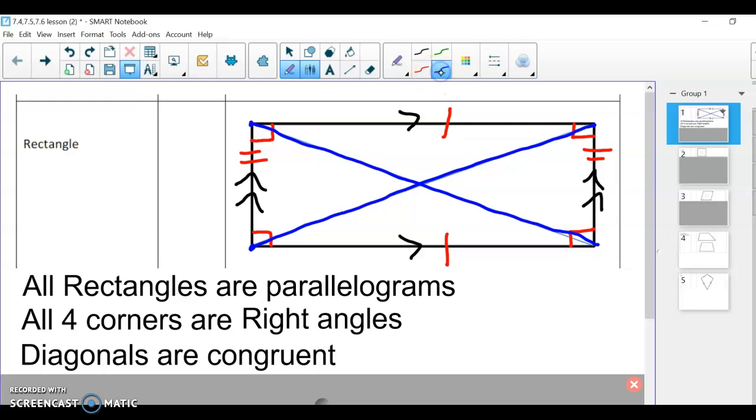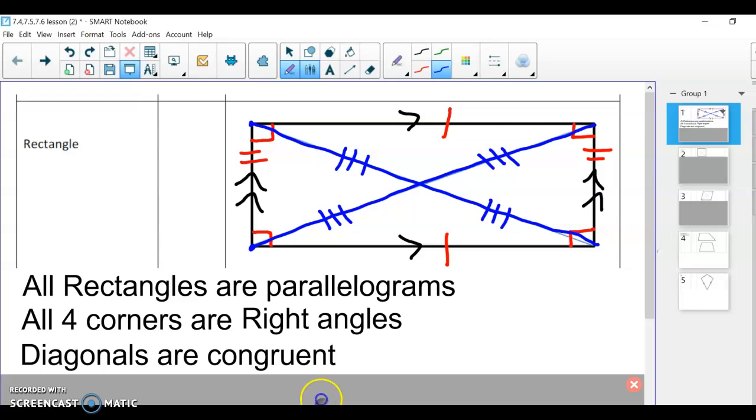So let's go ahead and mark that this piece would be 5 and this piece would be 5. So those would be equal. And then again, the other blue diagonal was 10, so it is also bisected. So this piece would be a 5 and this piece would be a 5. So all 4 of those blue pieces are going to be congruent.